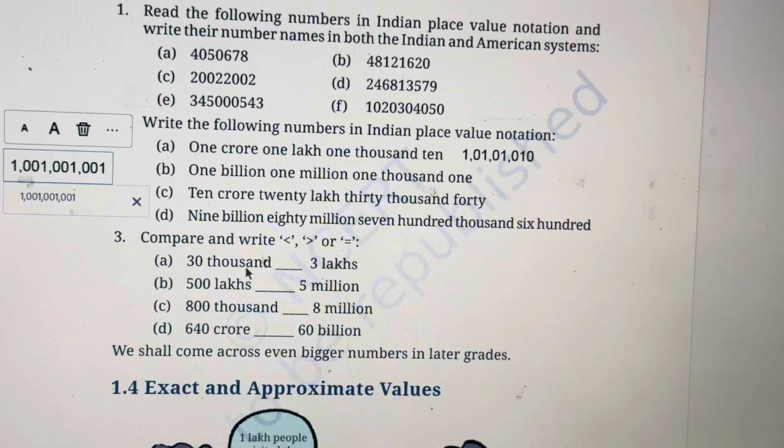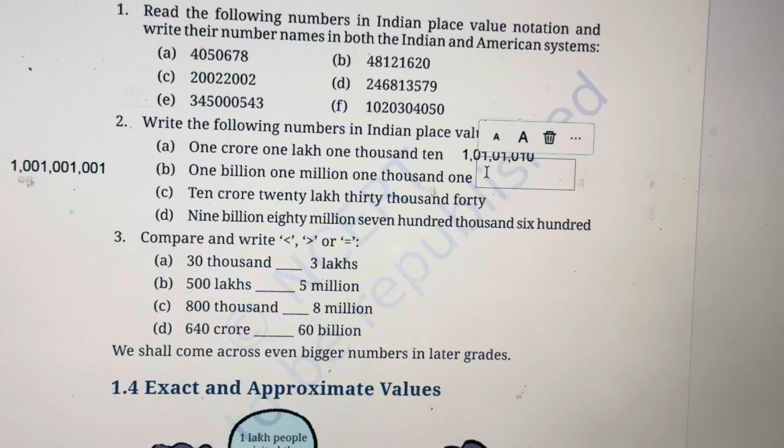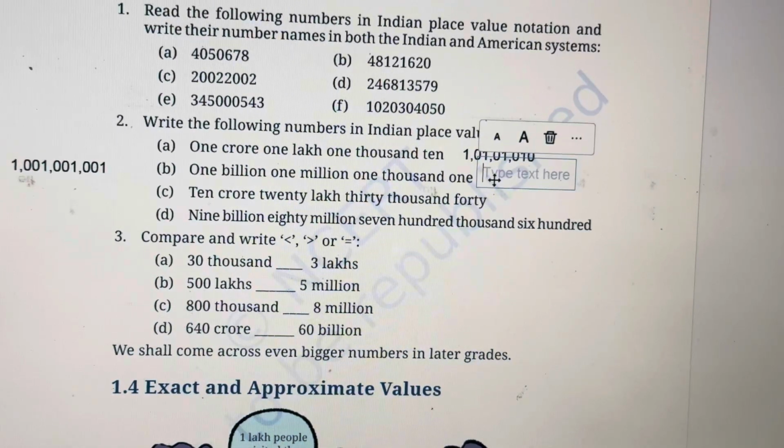Now the same number on the right side, which will be your answer, we will write all the digits first. So 1, 0, 0, 1, 0, 0, 1, 0, 0, 1. Now just put the commas according to the Indian system. You remember 3, 2, 2. And the last digit left is 1.